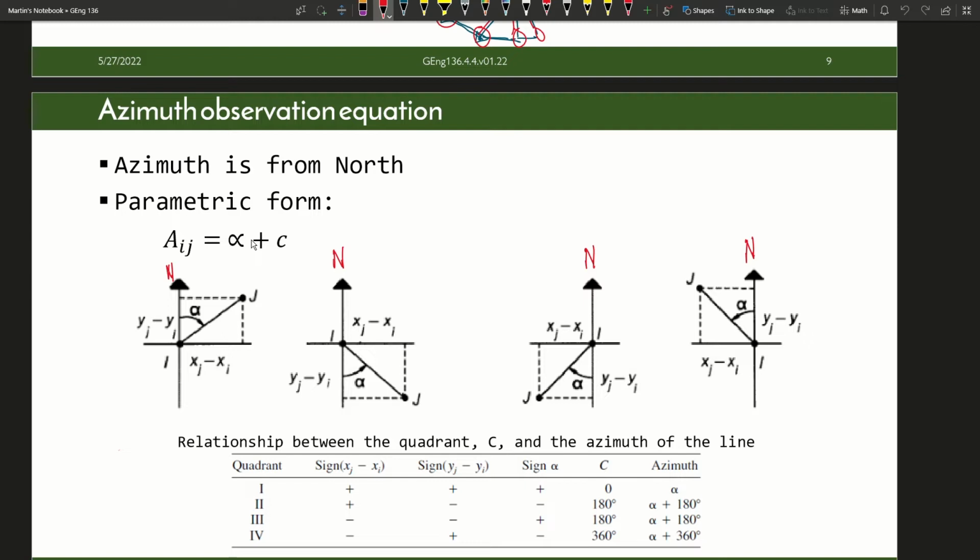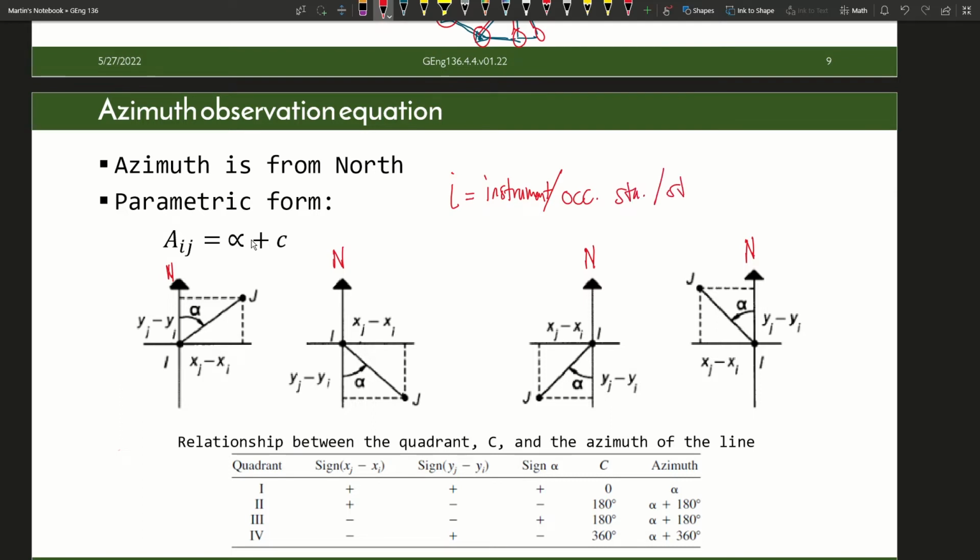So we have this parametric form. For your azimuth i to j, when we say i, that is your instrument or occupied station, the occupied starting point.